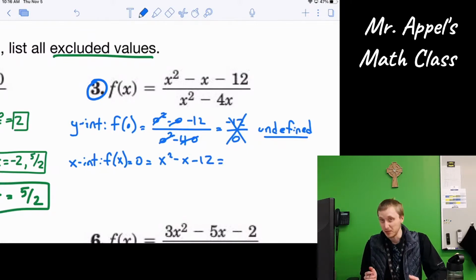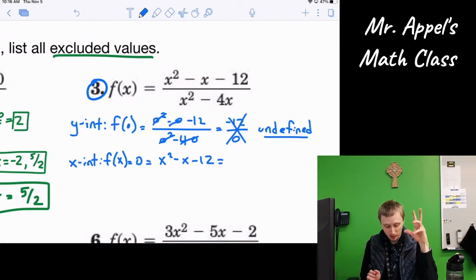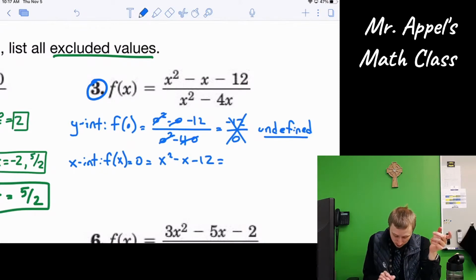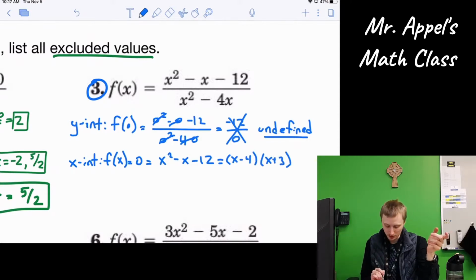All right? Now, since this is a quadratic, we can just factor this. Good old factoring rules. No GCF, no special product, 3 terms, so no grouping. So we'll just go straight to T-chart, factors of -12 that add to -1. A is 1, so I can go straight to answer format, x minus 4 times x plus 3.